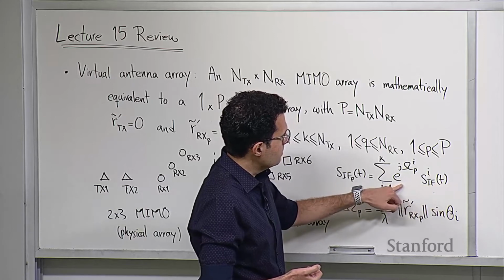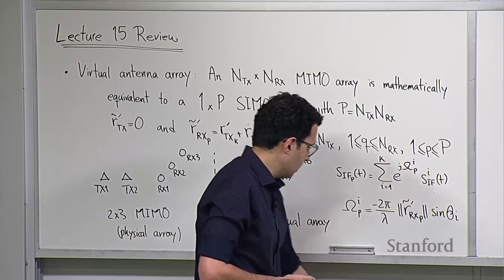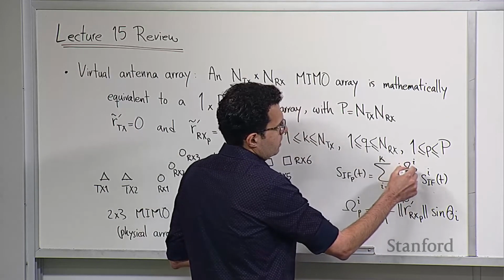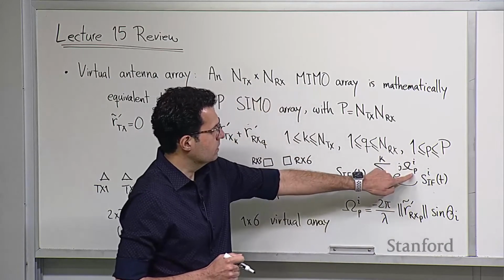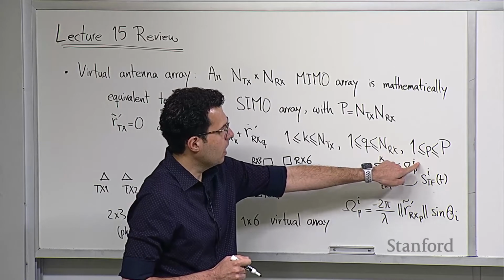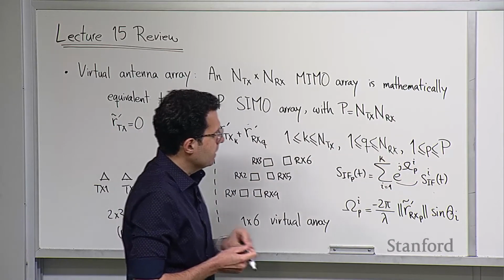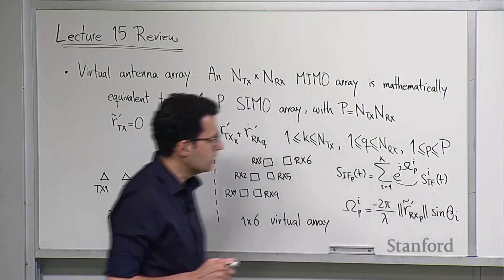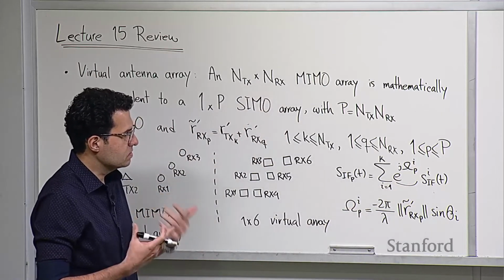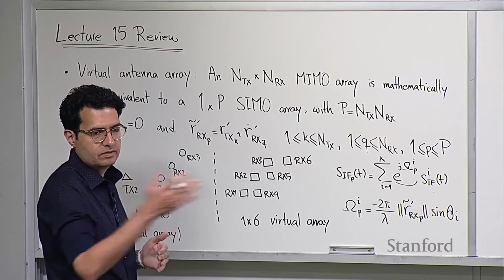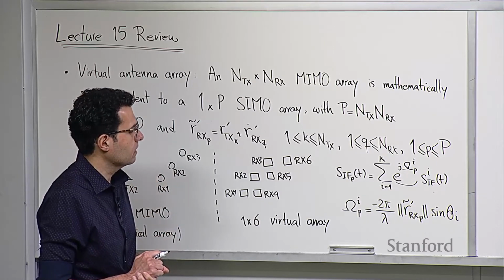So that's why there's a sum here. And then the signal from each target has what we call a spatial phase term, which is this e to the j big omega_{p,i}, p for the index, again, for the virtual antenna, i for the target. That's why there's double indexing here. And I call this term the spatial phase because there's no temporal aspect to it, right? It's just affected by the direction of arrival of the echoes.